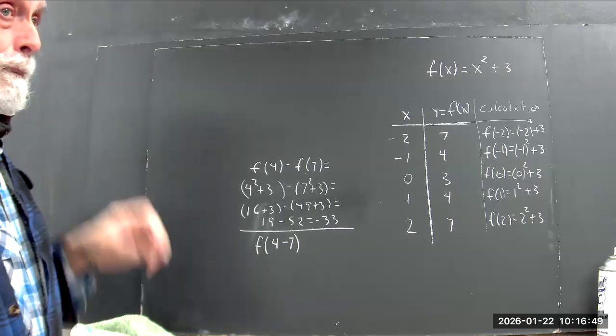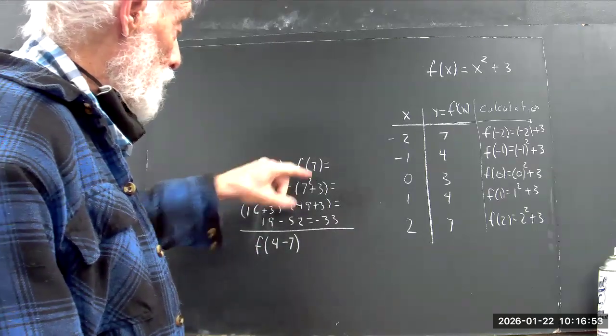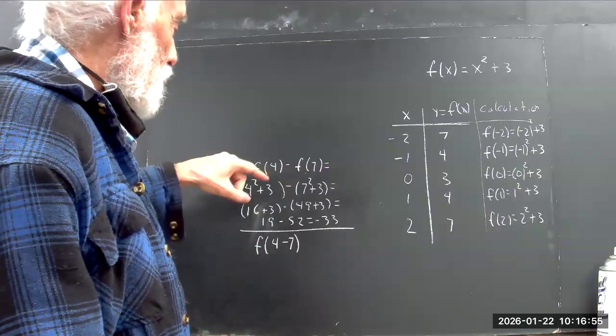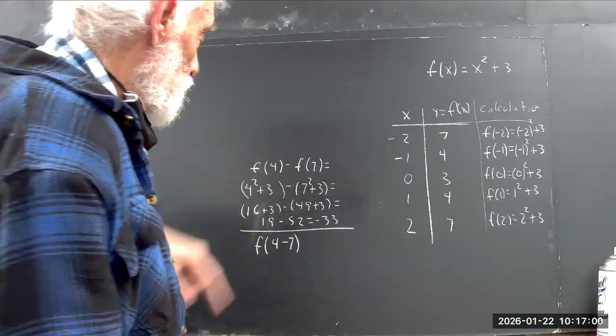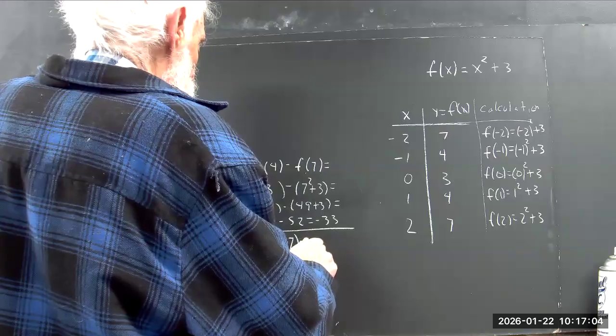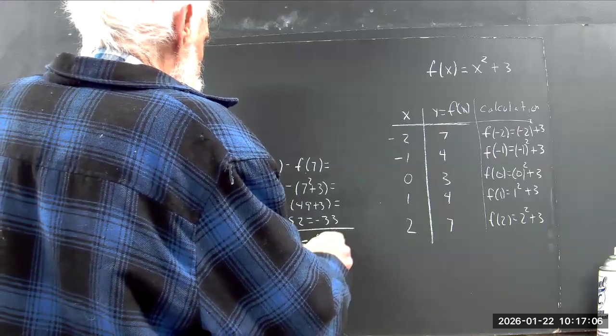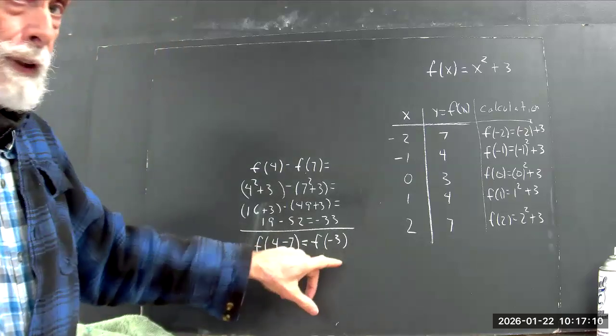All right, now what's f of 4 minus 7? What are you going to do here? Well, f of 4 minus 7 is different than f of 4 minus f of 7. F of 4 minus 7 is f of negative 3 because 4 minus 7 is negative 3.